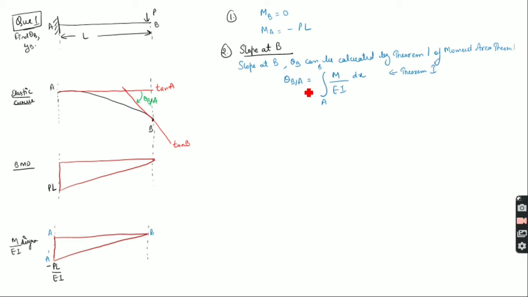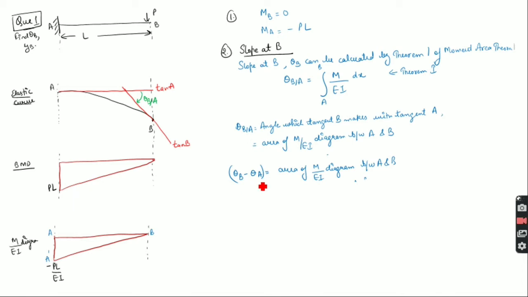We know that theta BA is equal to the integral of M by EI from A to B. Theta BA will be the angle which tangent B makes with tangent A. It will be the area of the M by EI diagram between A and B. So I can write theta BA as theta B minus theta A, and we know theta A is 0.